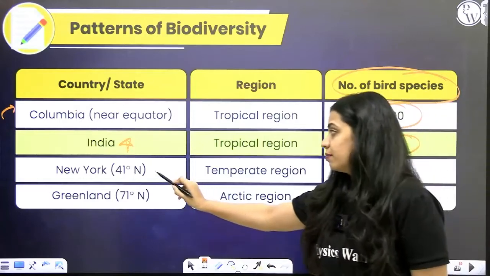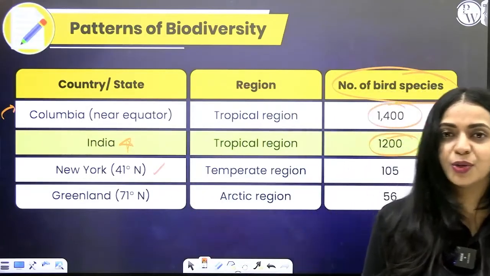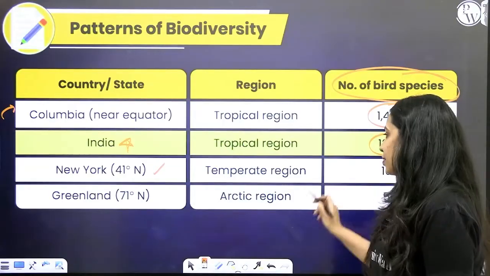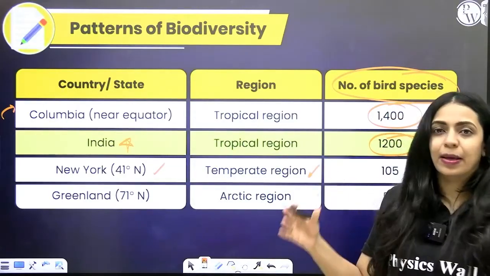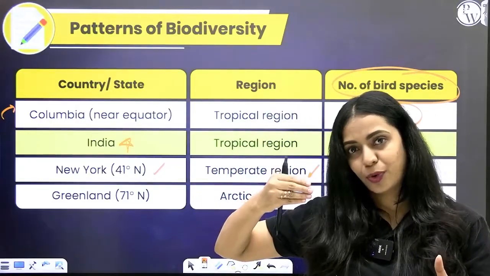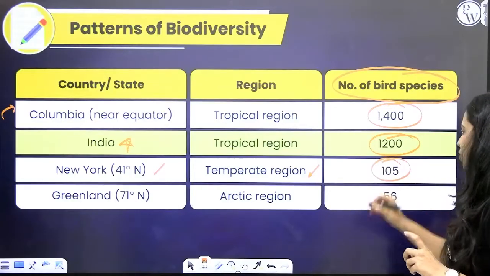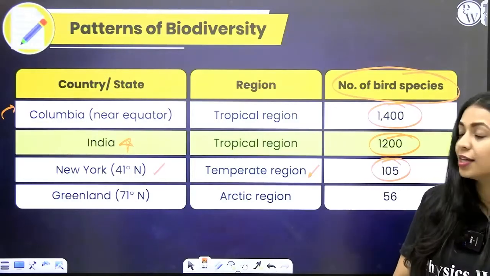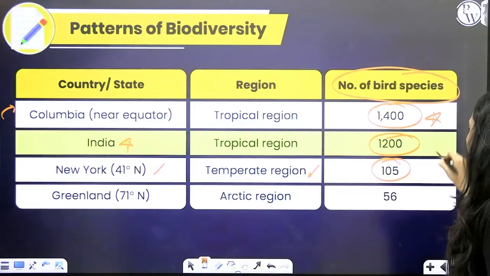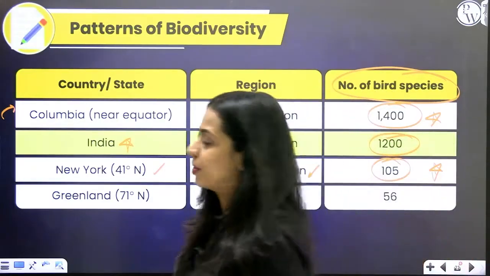New York, a state in the USA, falls in the temperate region. So from the tropics you're moving towards the poles, and over here the number of species of birds is just 105. It's so much less than at the equator. This is true for most taxonomic groups.